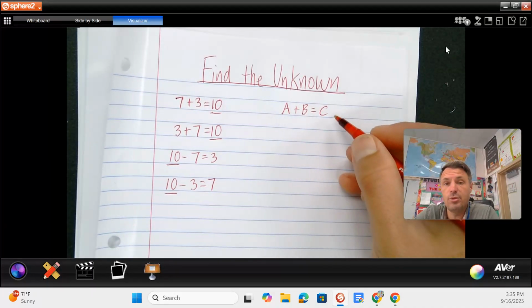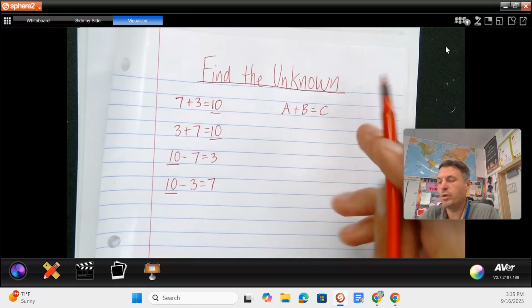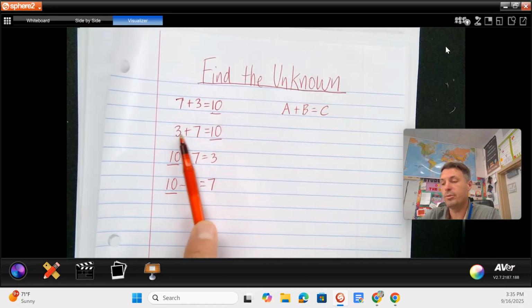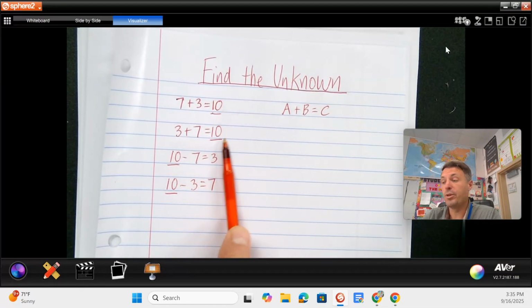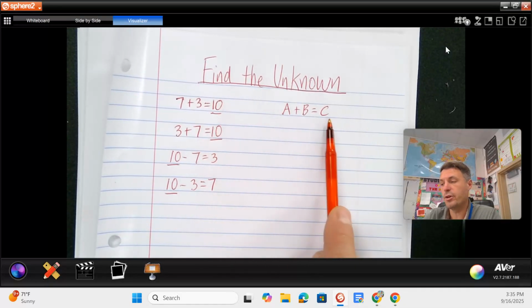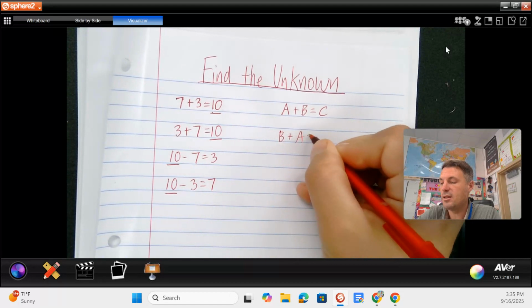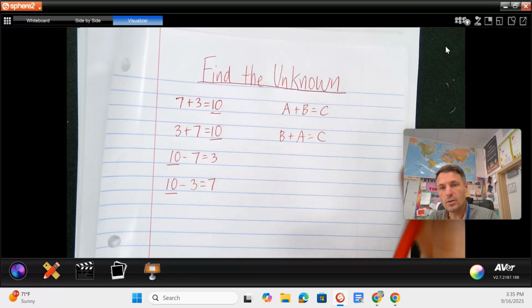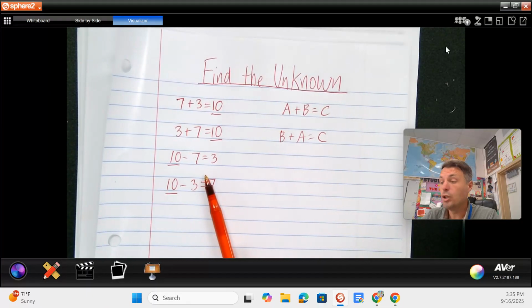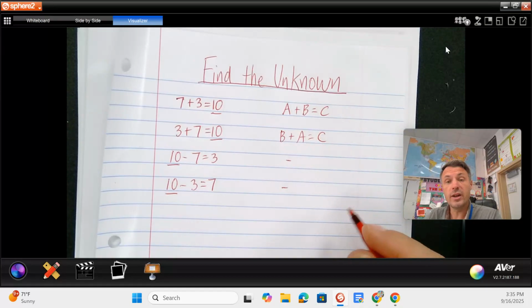If it's true that A plus B equals C, try to think of what the next fact would be if we were using this same pattern. 7 plus 3 equals 10, 3 plus 7 equals 10. If we apply that same pattern here, notice the answer stays in the same spot. So here the C would stay in the same spot. B plus A equals C. Now try to apply that same pattern to the 2 subtraction problems using only the variables.